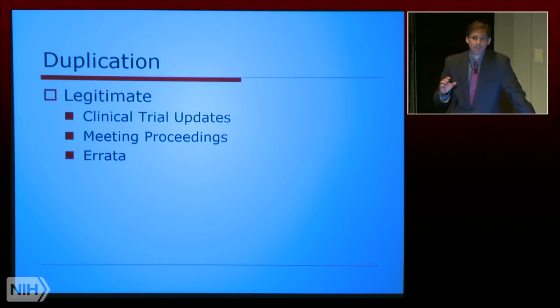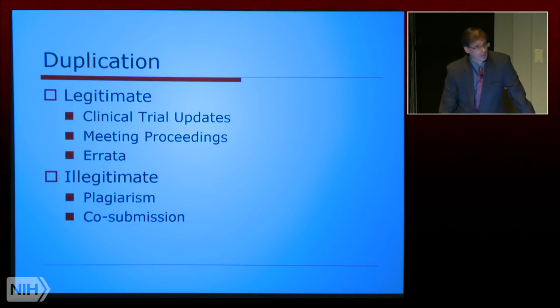Sometimes you have a table where maybe something got transposed, or you find an error later and you send back in the full table with the fixed numbers. Again, some of those numbers in there are duplicated, but so long as you have the link to the right article, that is not plagiarism, that is duplication. That is perfectly fine.